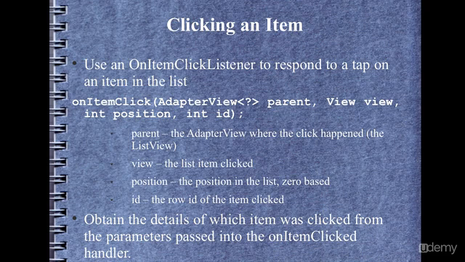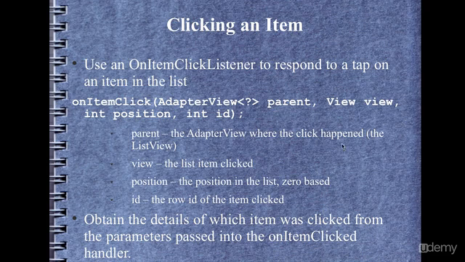It'll provide us with a view pointer, which is going to be the list item. It's going to provide us with a position in the list, and this is going to be zero-based. So if they click on the first item in the list, that integer position will be 0. And then it's also going to provide us with the ID of the clicked subview in that list. So this ID is the row ID of the item clicked.